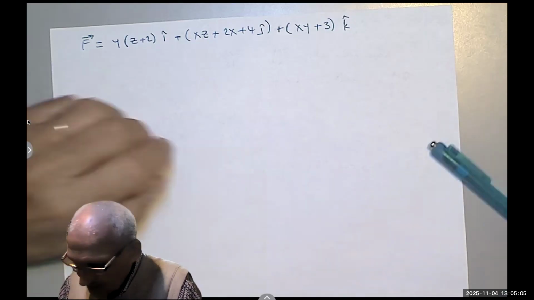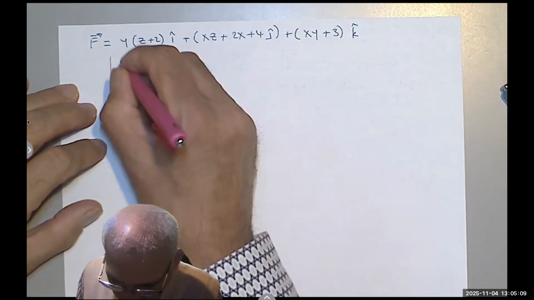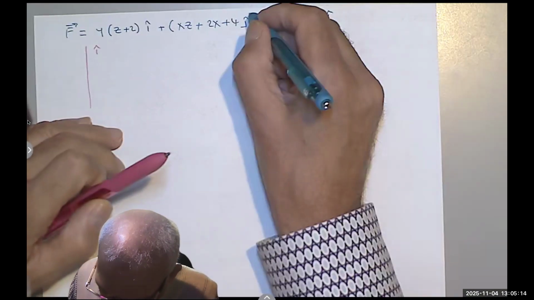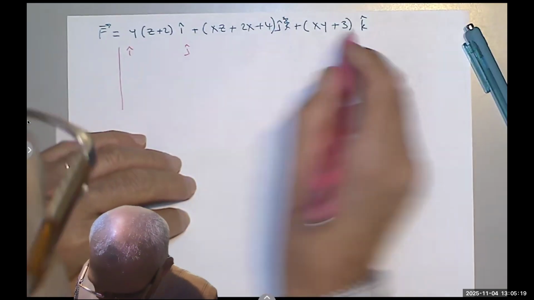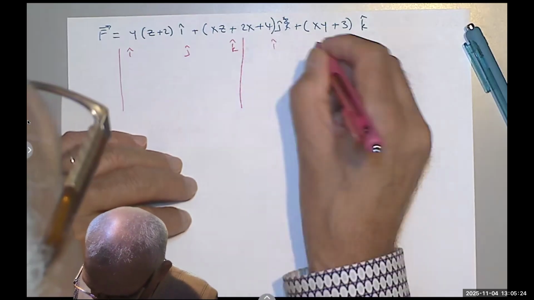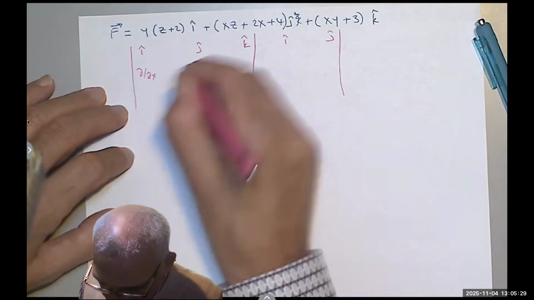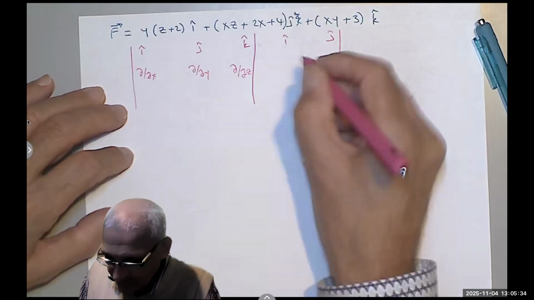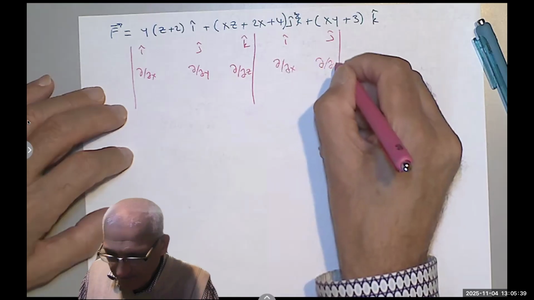So, like we did in the previous example, we are going to do a determinant. i, j, k, and then i and j again. Partial x, partial y, partial z, partial x, and partial y.